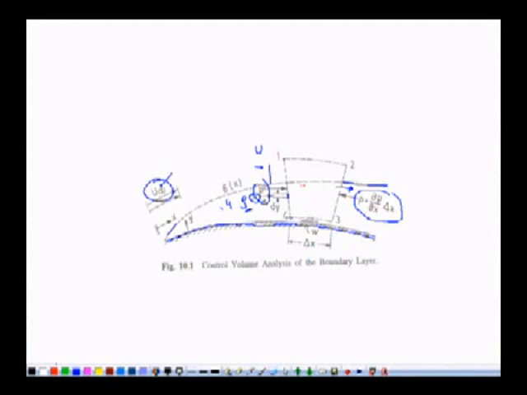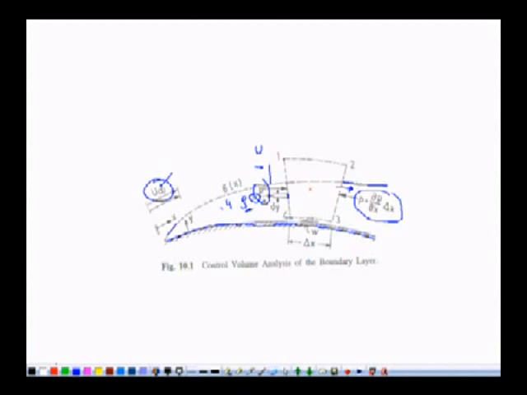And what is the direction of the pressure? Pressure always acts on the control volume in such a manner that it compresses the fluid. So this one is acting in this direction and this pressure force is acting in this direction, right. So we have these two kinds of pressure forces.